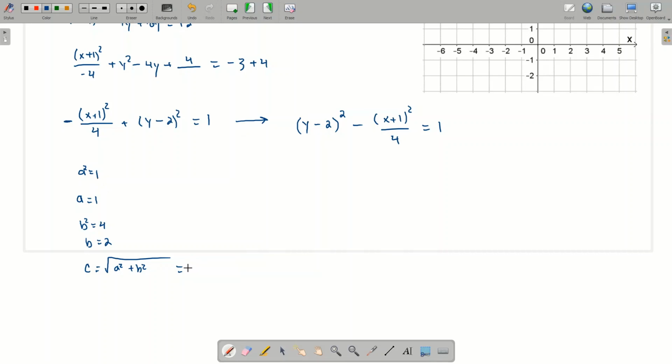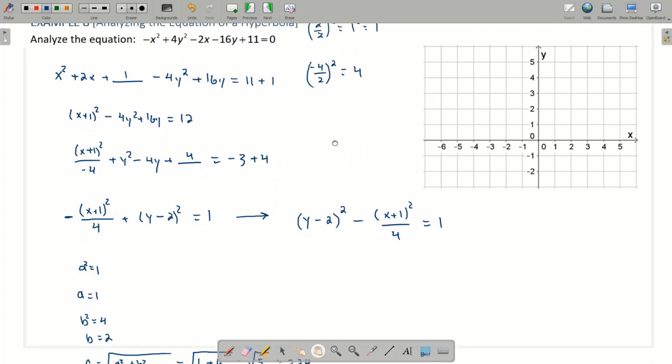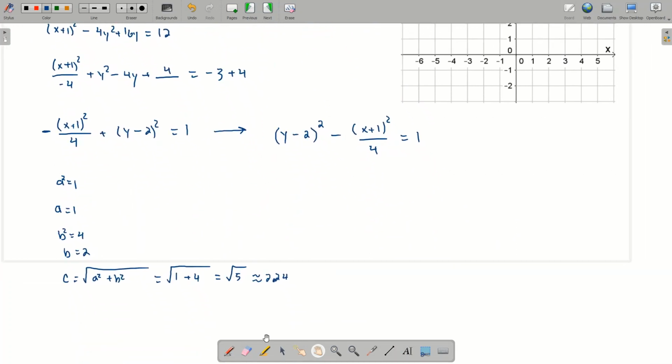So that would be the square root of 1 plus 4, so once again, square root of 5. All right, so we have a, b, and c. Let's double check to make sure that we need all of this. Okay, it does say analyze, so yeah, we've got to do all the parts for this.